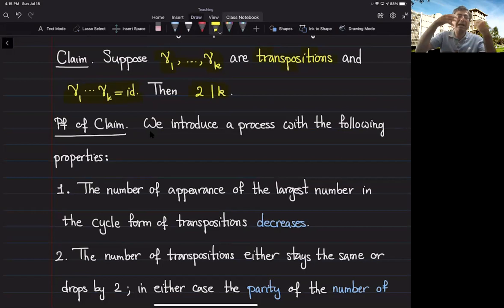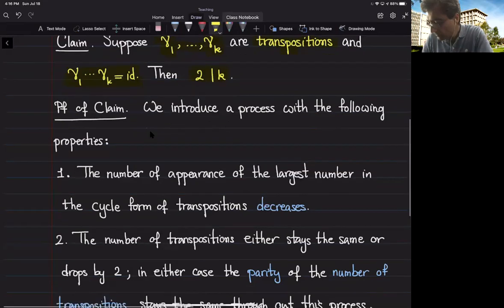And so at the terminal point of this process, I get no transpositions at all. But at the same time, I make sure that the parity of the number of transpositions does not change through this process. And so because the final number of transpositions is 0, the initial number of transpositions should have the same parity as 0, and that finishes the proof.